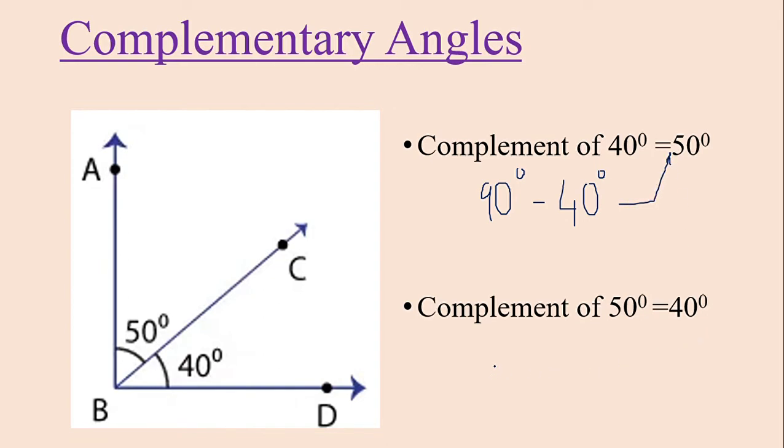And again, if I find the complement of 50, I have to subtract 50 from 90. I get again 40 degree, right? So that means if we have the complement of 40 degree, then we have 50. And if we want to find for 50, the complement is 40, because the sum of these two angles is 90 degrees. That's the way we can find the complement for each angle.